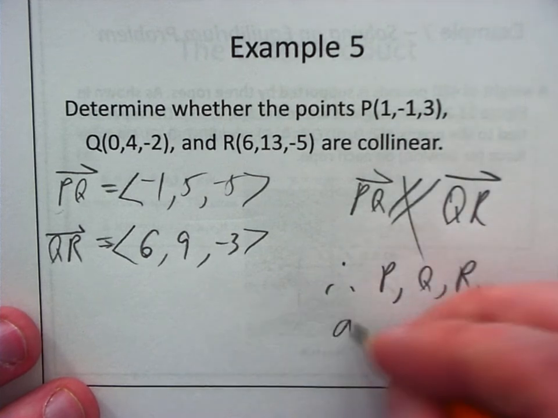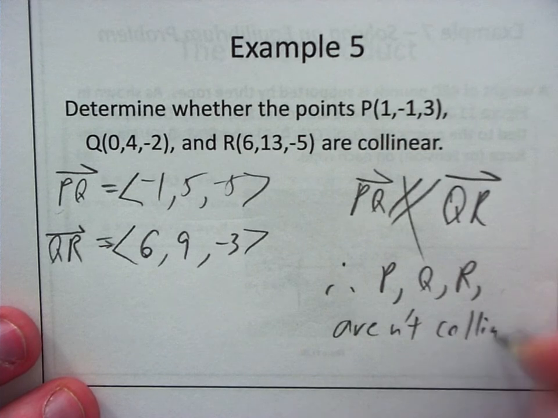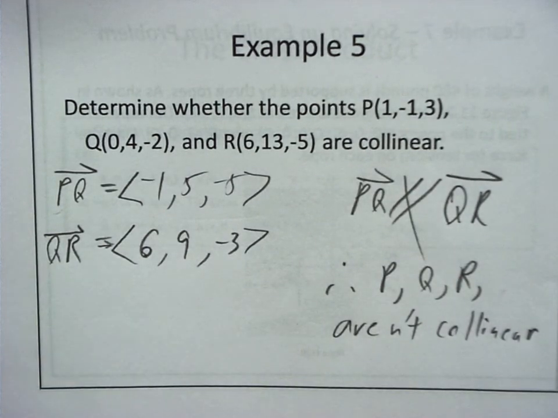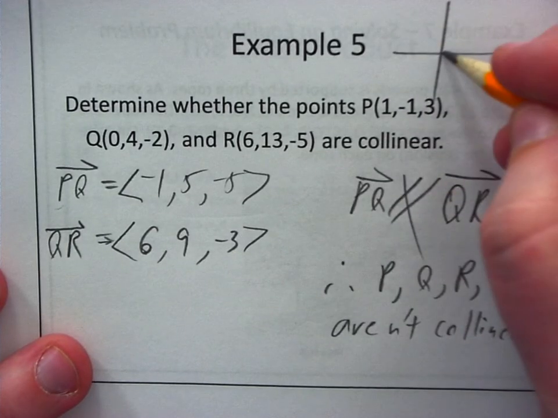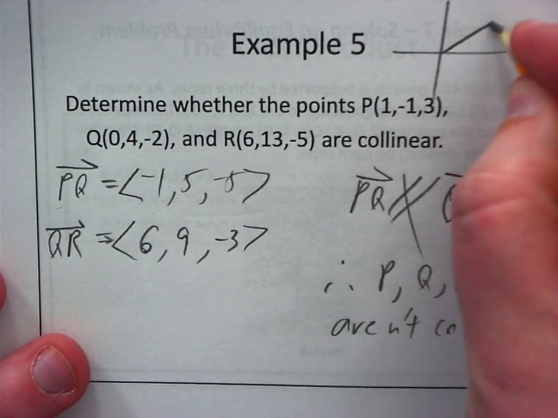Now, if those two worked, would you have to check it with RP as well? Or no? Should you? I'm trying to think of a circumstance. I don't think you'd have to, because by repositioning them, if they're on the same line here, so say it's going from the center out this way, right?